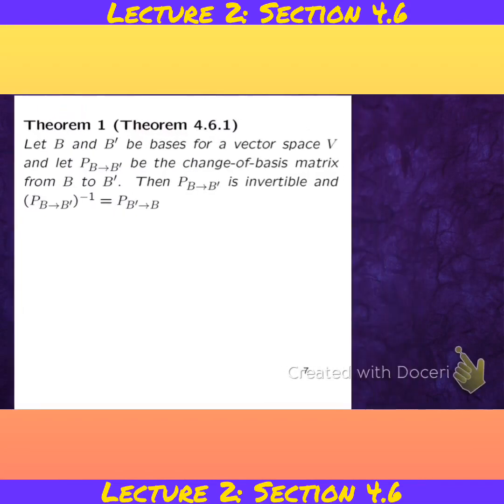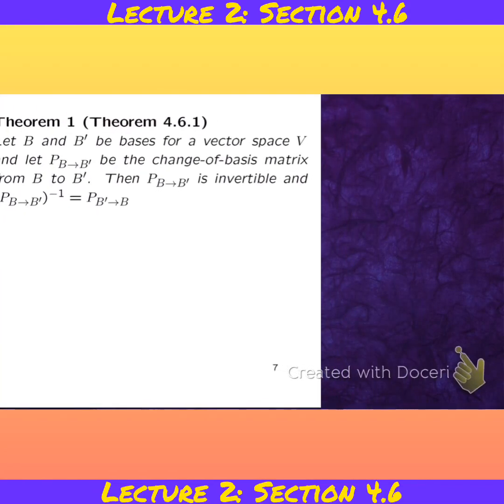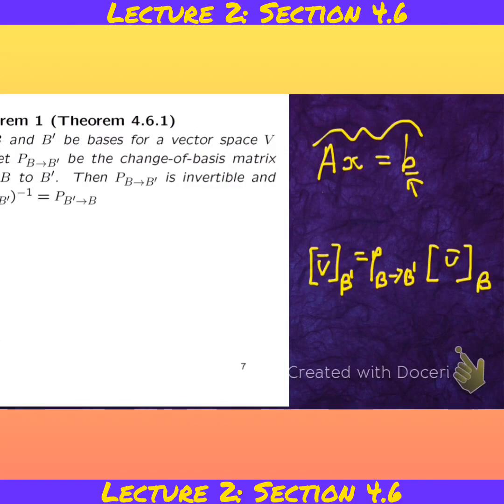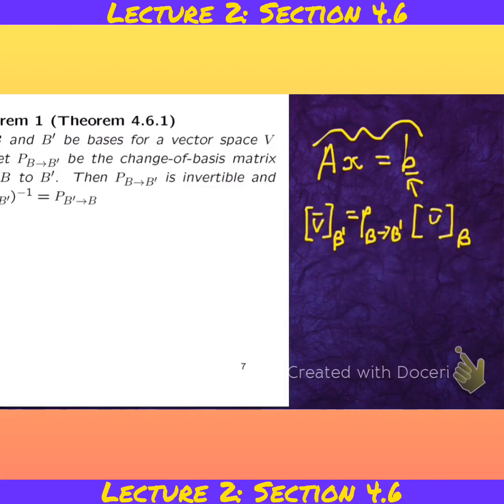Right, and we can sort of see that P from B to B prime is invertible. Recall the equivalence theorem: if you have that matrix set up there, and B is an n by 1 matrix, then we said that A is invertible if and only if this system has a solution, or is consistent, for every matrix B. Now, if you go to your actual formula, it is of a similar setup.